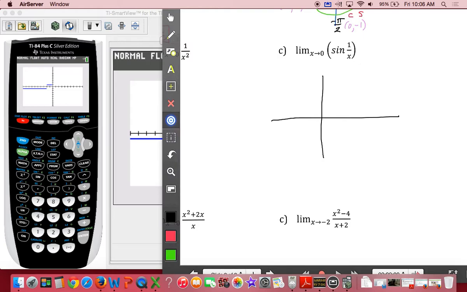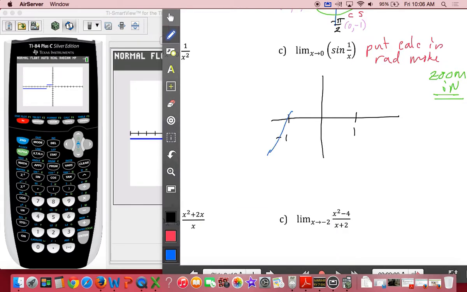Zoom in twice on it. So number one, you want to put calc in radian mode. And then you want to zoom in twice. You're going to get something that looks like the following. So if I zoomed in, there's 1 and -1.